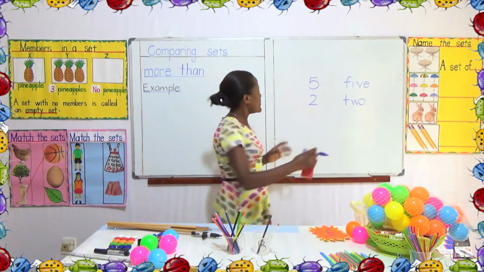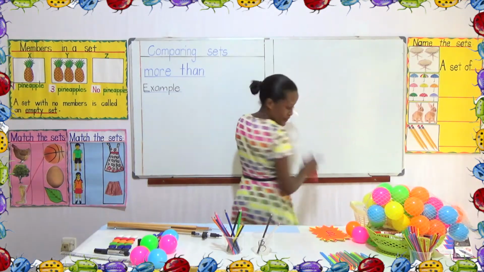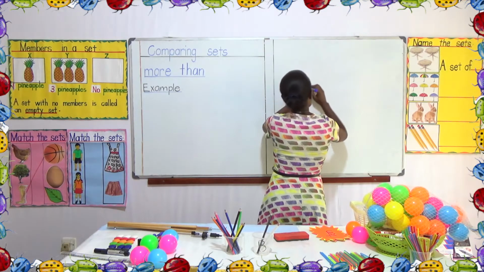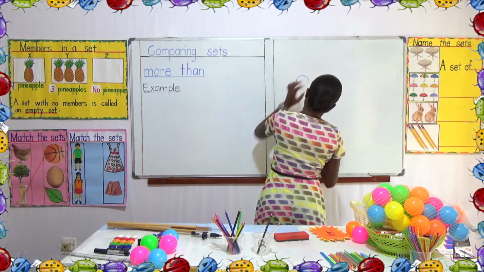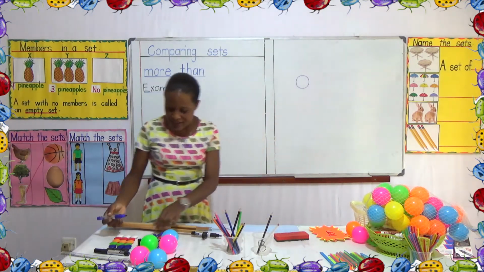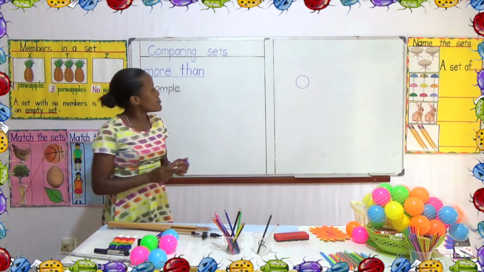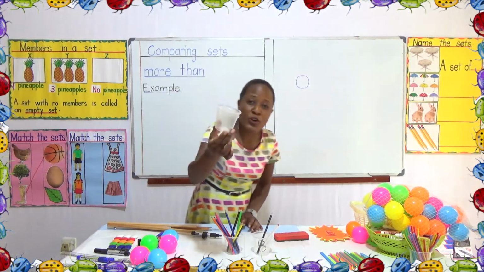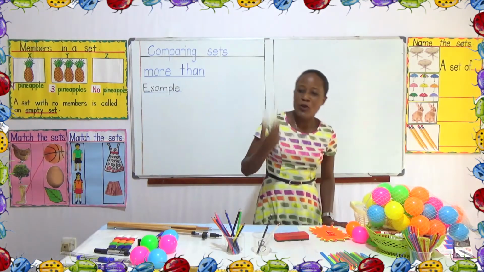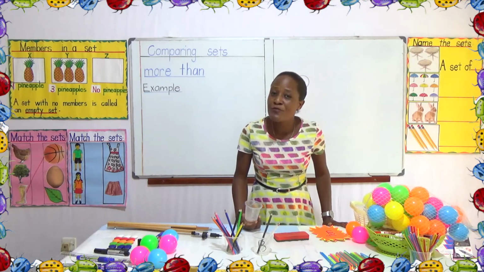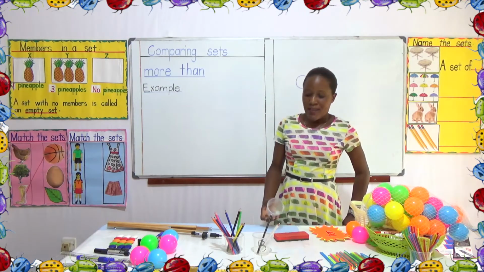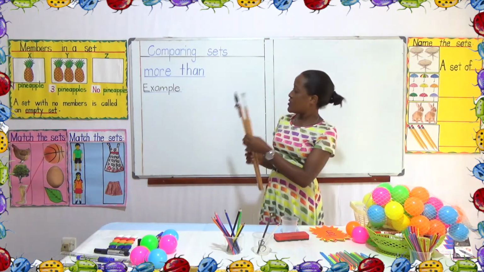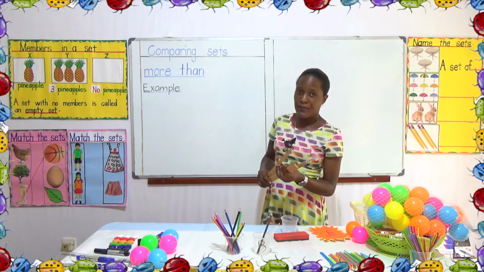For example, did you see what I did? It has helped me draw a very nice circle. I will ask you to get round objects. They can be bottle tops. They will help you draw sets. For me, I will use a pair of compasses to draw, okay? Very good.